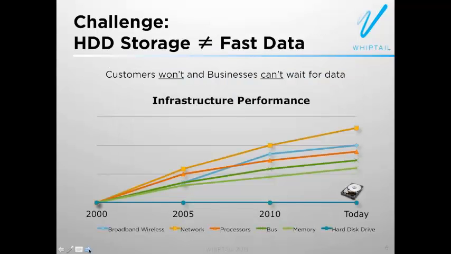So when we look across the industry and the data center, I think this is the slide that really speaks to why flash is such a prevalent conversation today. Everything in the data center over the last 10, 15 years has gotten faster, and all of those things have followed Moore's law. Applications have gotten faster by virtue of the processors. Networks have gotten faster, but storage has really remained stagnant.